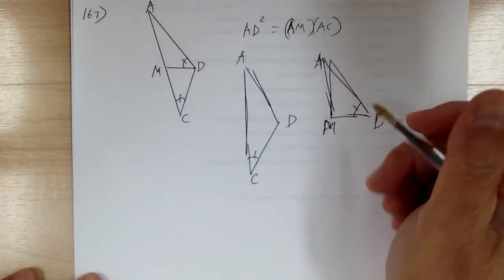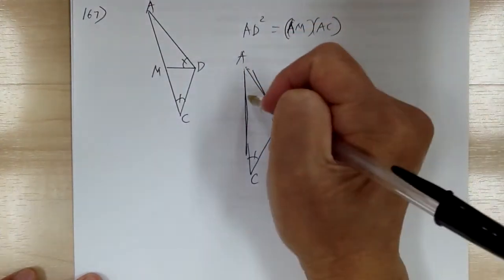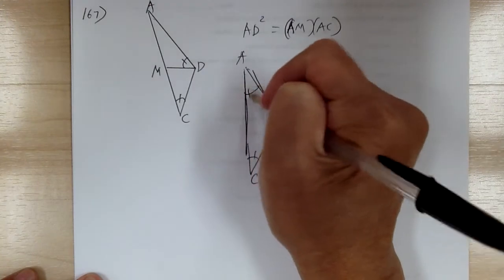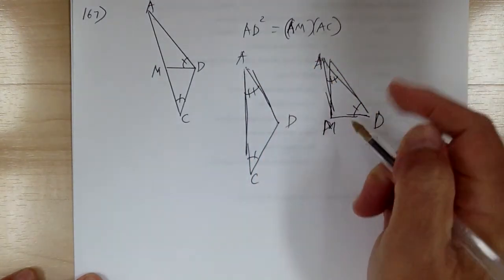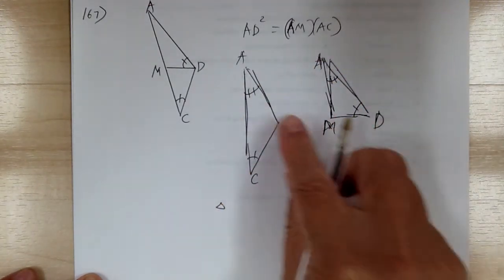So what you need to do is go and match this. Notice that angle A and angle A are congruent, right? Because it's reflexive. So now you can see the triangle. You have to match up things carefully.